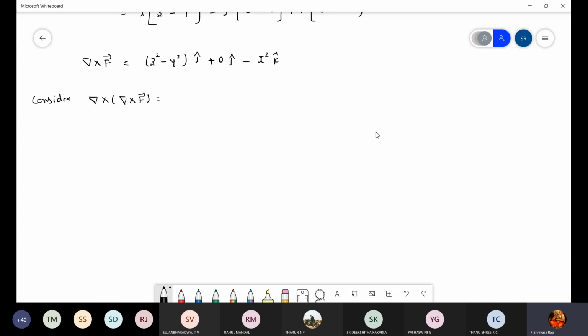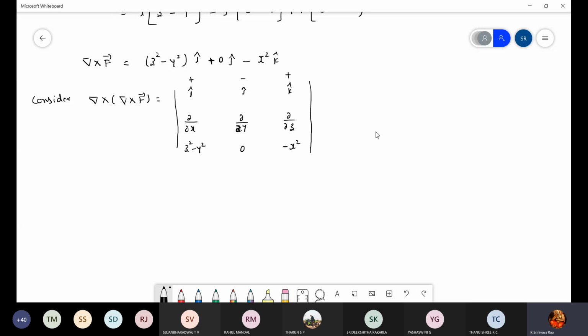So determinant i j k, dou by dou x, dou by dou y, dou by dou z, z square minus y square, 0, minus x square. As usual, one more time, that's it.